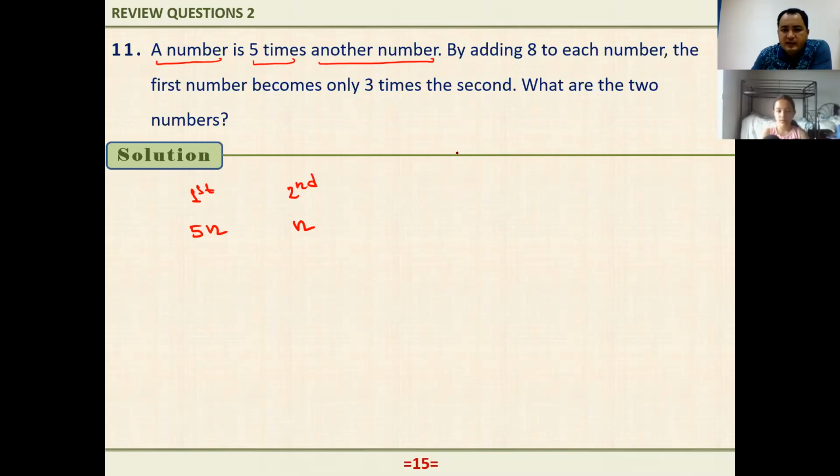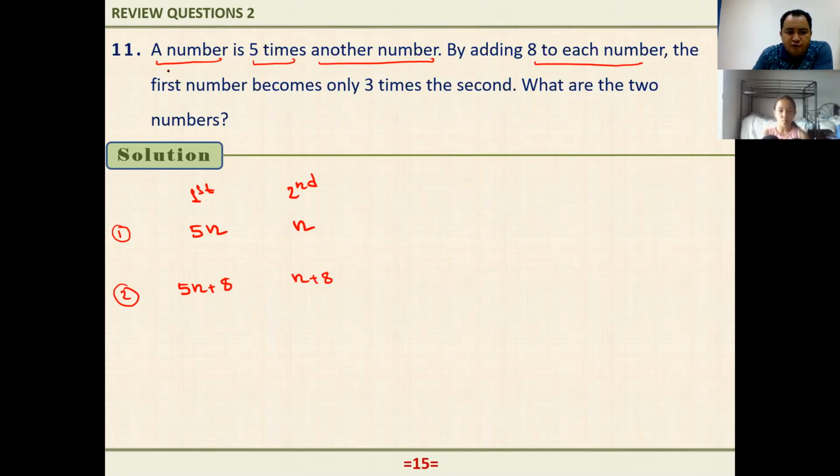Okay? And it says that by adding 8 to each number. So now we are adding 8, that's the first step. And second step, we are adding 8 to each number. So here we have 5n plus 8. And also we should add 8 to this number, n plus 8, right?